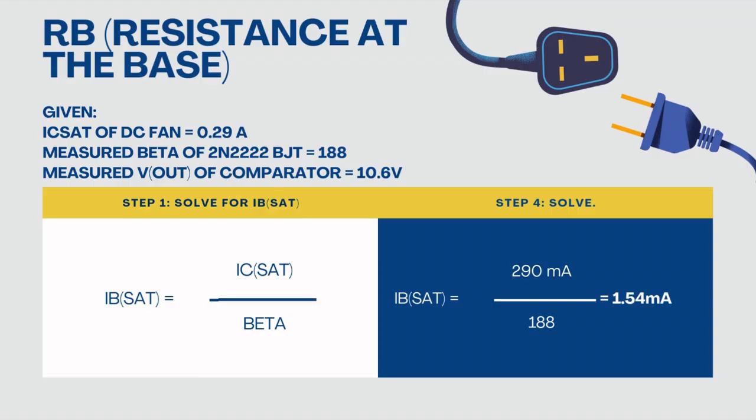The first step is to solve for the base saturation current, which is equal to IC sat divided by beta. This is 290 milliamperes divided by 188, which is equal to 1.54 milliamperes.